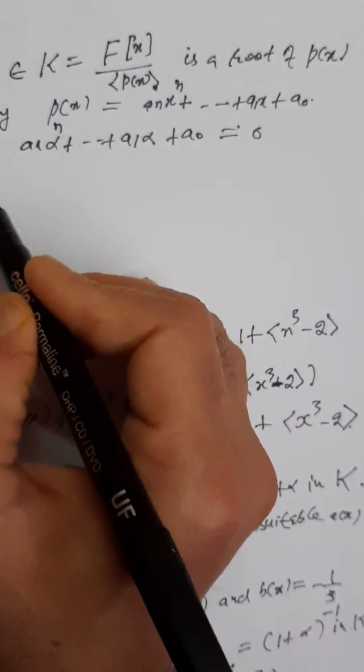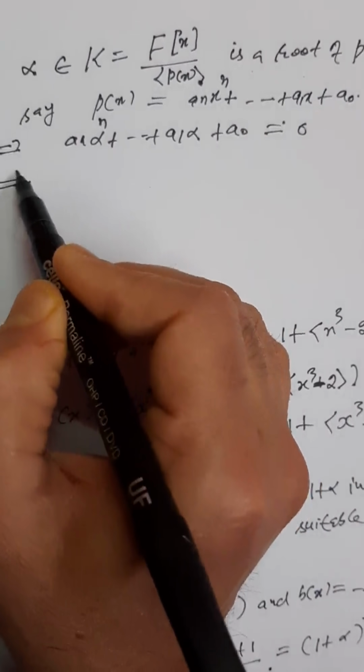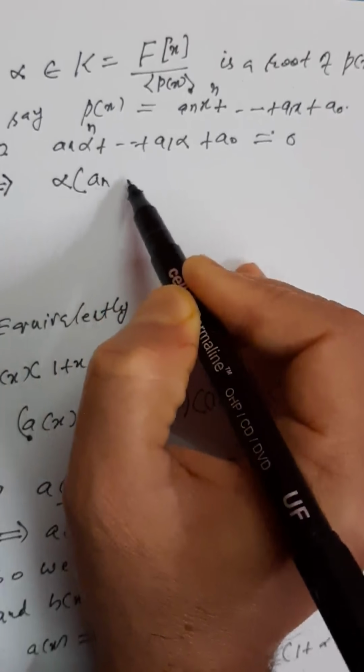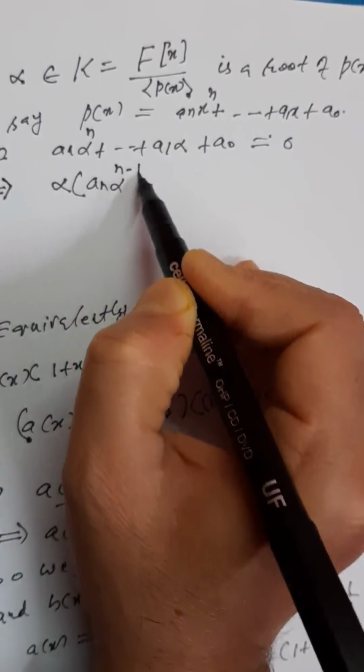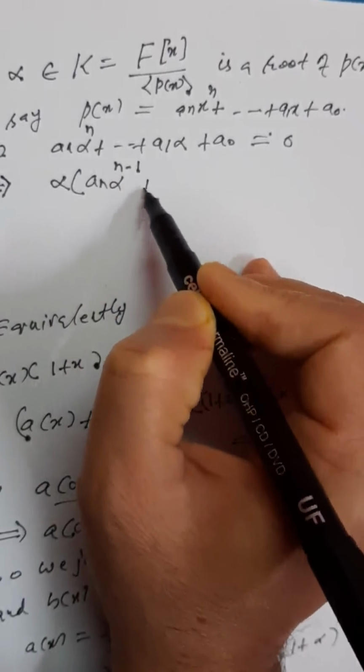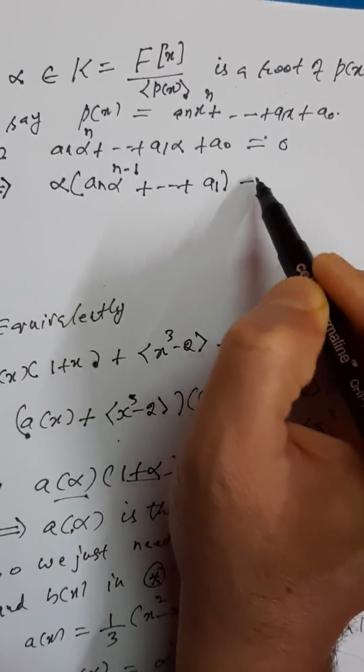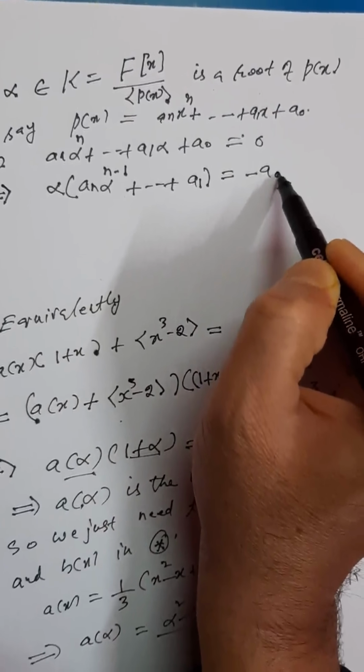Okay, so this has the same meaning as, taking alpha out, alpha times (a_n alpha raised to power n minus 1 plus so on plus a1) equals minus a0.